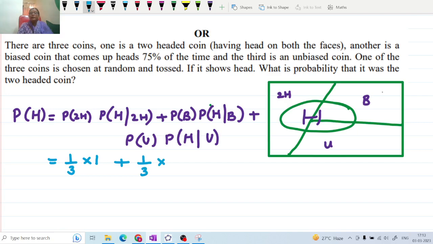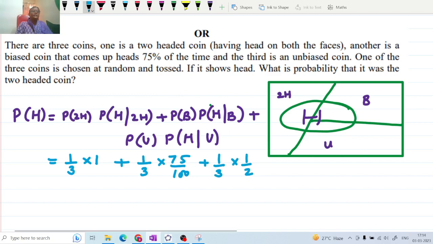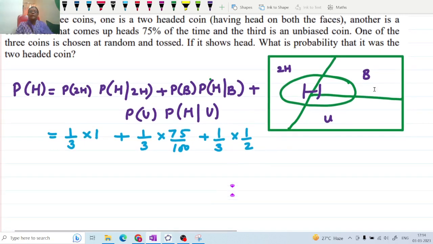Probability of head when it is biased: for a biased coin, it turns up head 75% of times, that is 75 on 100. The unbiased coin selection is 1 on 3, multiplied by 1 on 2, since for an unbiased coin the chance of getting head is 1 upon 2.